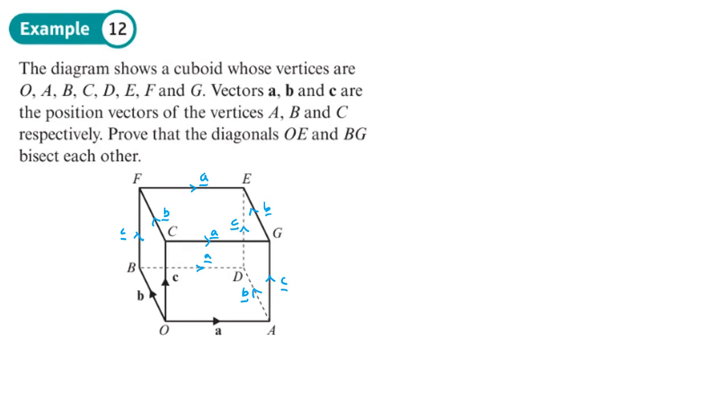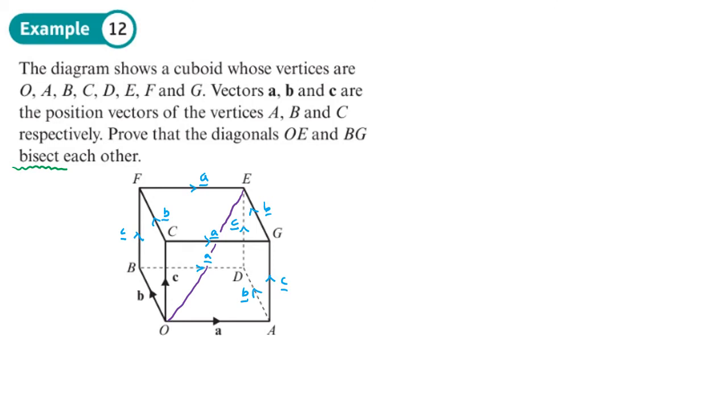And this question is asking whether the diagonals that go from O to E and B to G, do they bisect each other? So let me first draw on, or attempt to draw on, those two diagonals. So I've got one that goes from O to E. So let's draw that on like that.